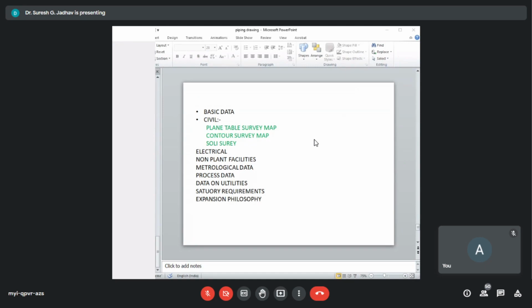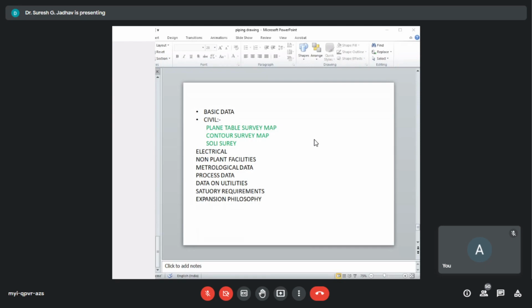This data means meteorological data: minimum, maximum, and normal temperature during the year. Next is rainfall, intensity and direction of the wind, seismic zone, wet and dry bulb temperatures, and flood levels. So these are the points we have to survey under the meteorological data.